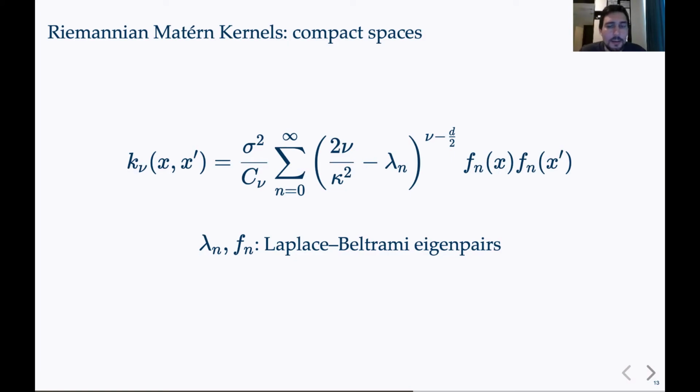The eigenpairs of the Laplace-Beltrami operator are a property of the manifold of interest. And in many cases, for example, for a circle, sphere, torus, these are given analytically. In other cases, especially in low dimensions, this can be approximated numerically.